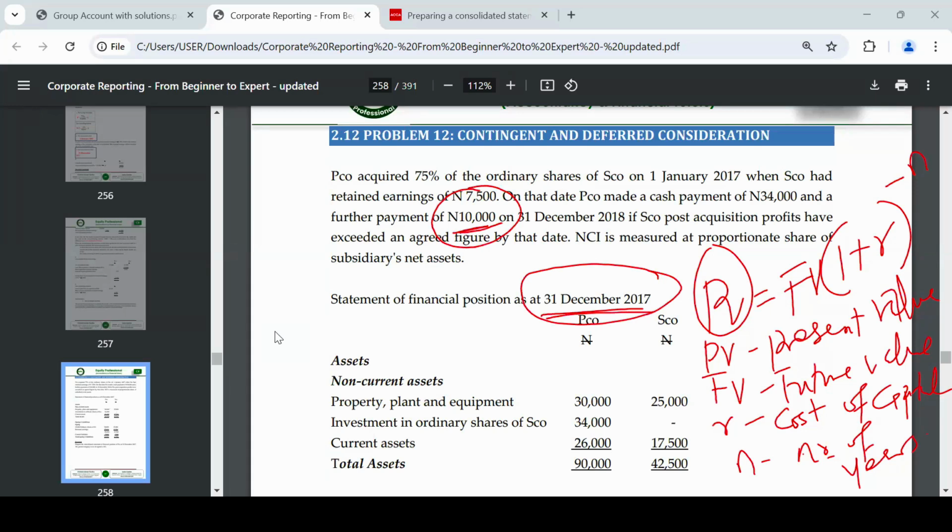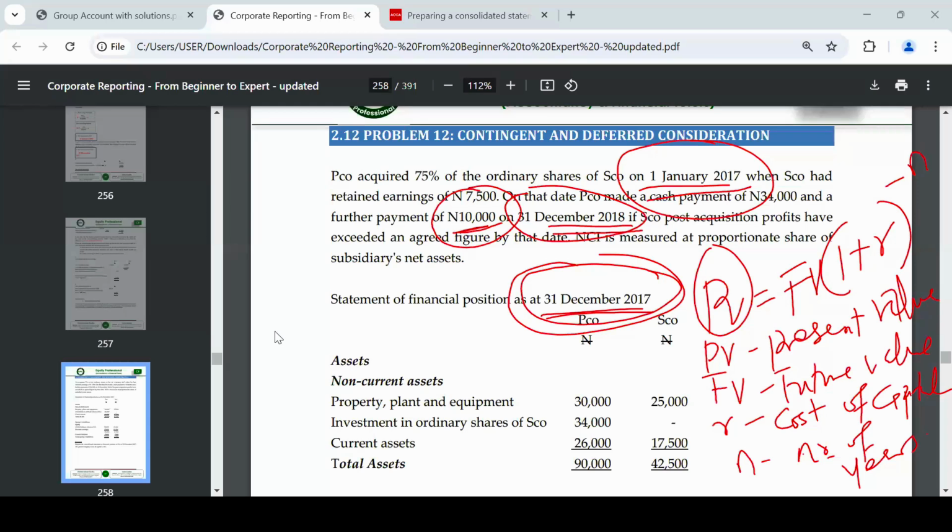Now, don't forget that our acquisition date is 1st January 2017. What is the implication of these 3 dates? The first one is the date of acquisition. The second one is the date of consolidation. The third one is the date where we expect to make the payment, the future date we expect to make the payment.